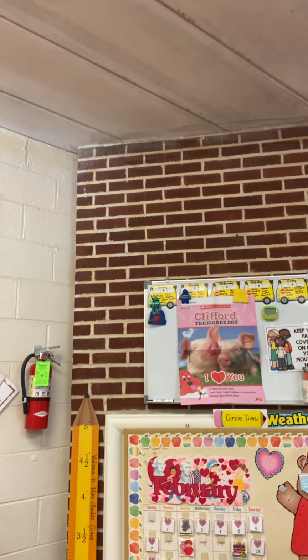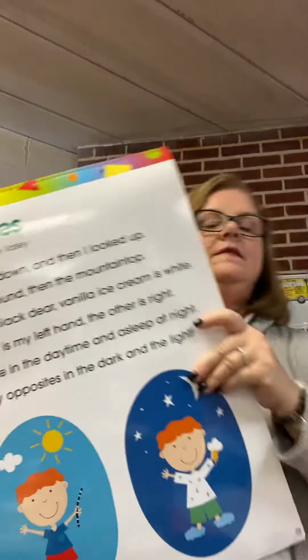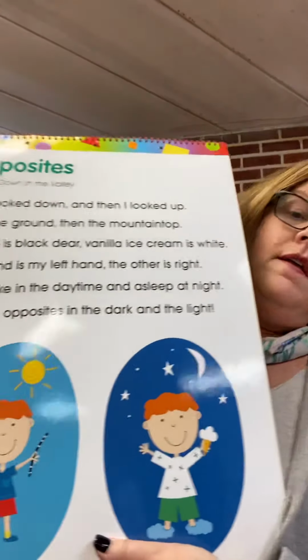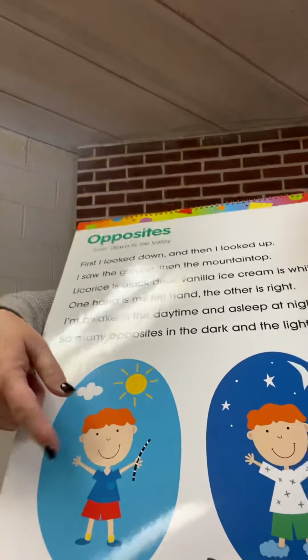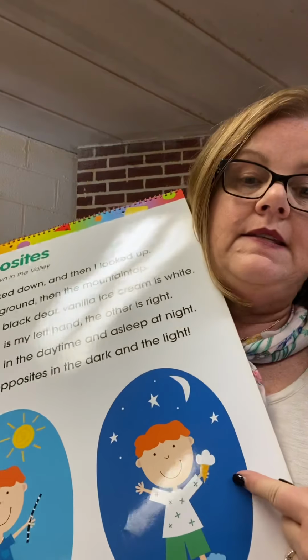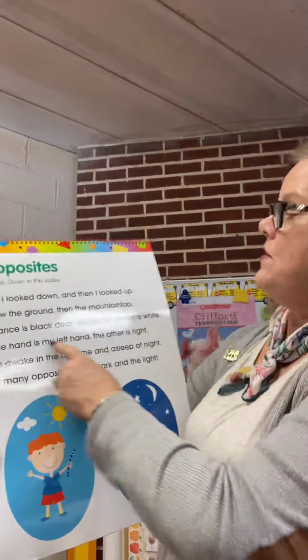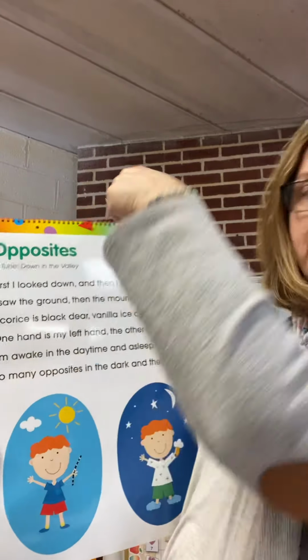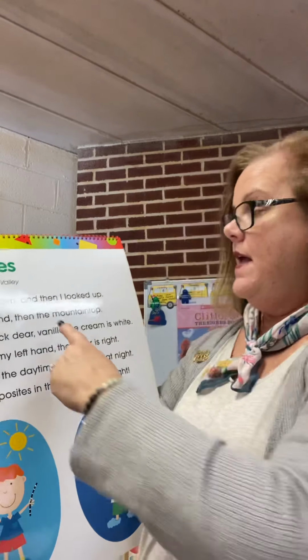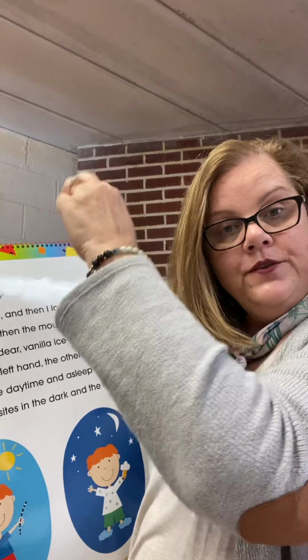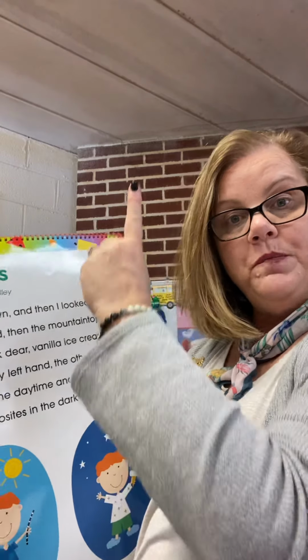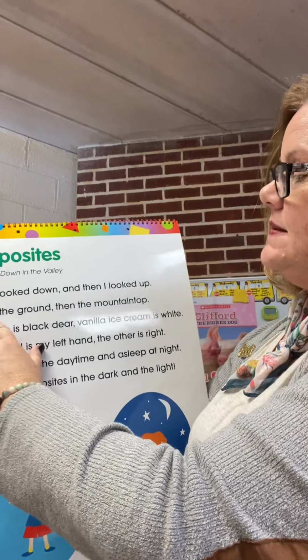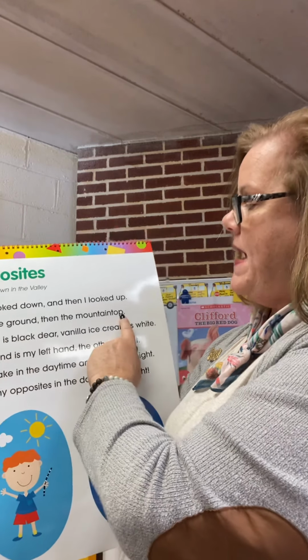Now, in our song about opposites, we can see down here that the opposite of day is night. And the song says, first look down, then look up. So the opposite of down would be up. Then it says, I saw the ground and then the mountaintop.